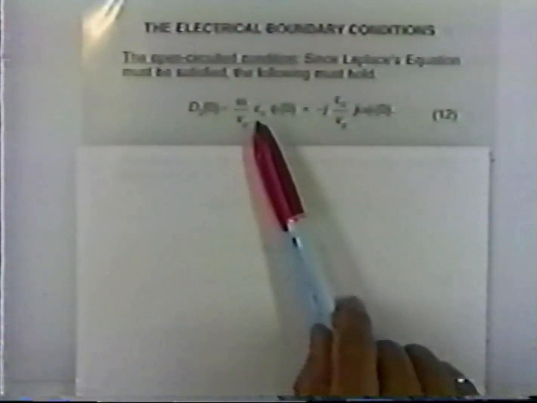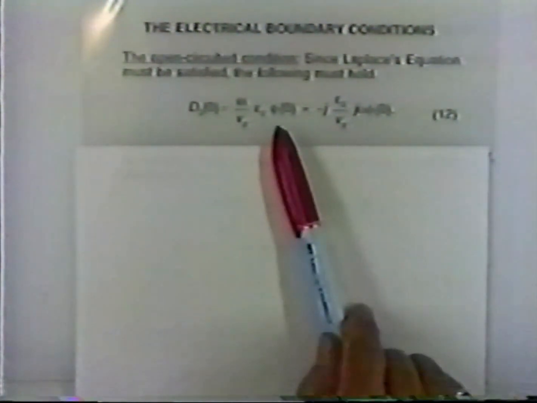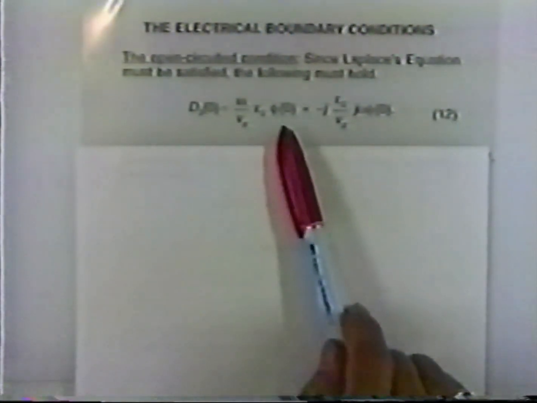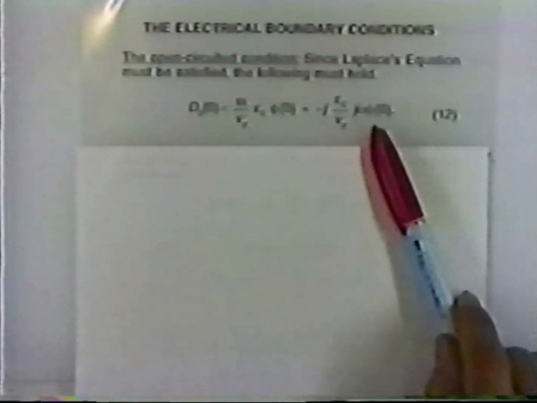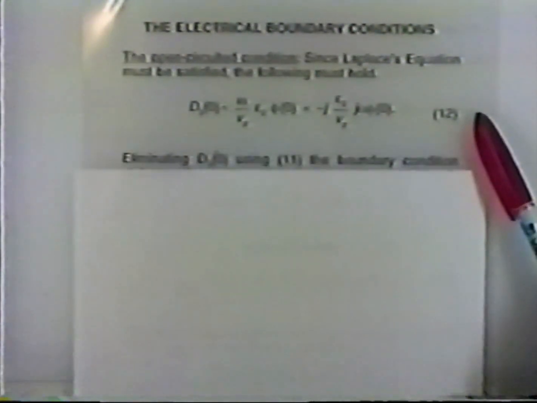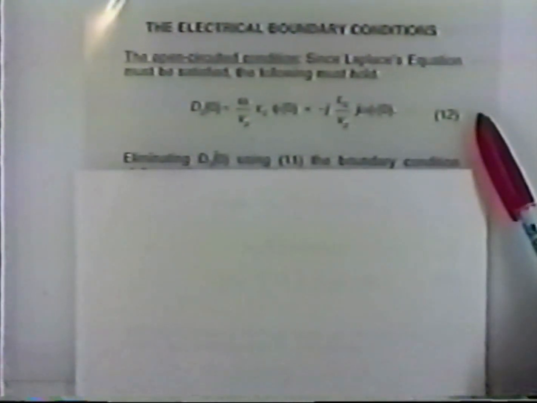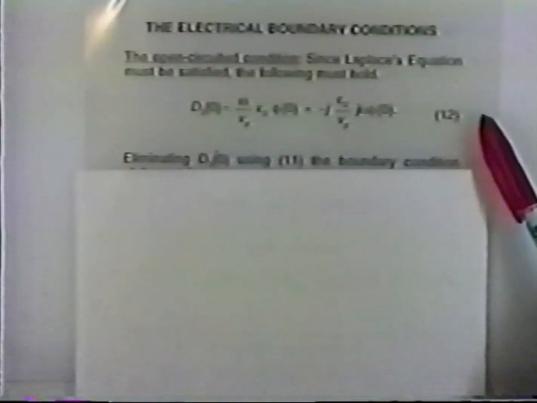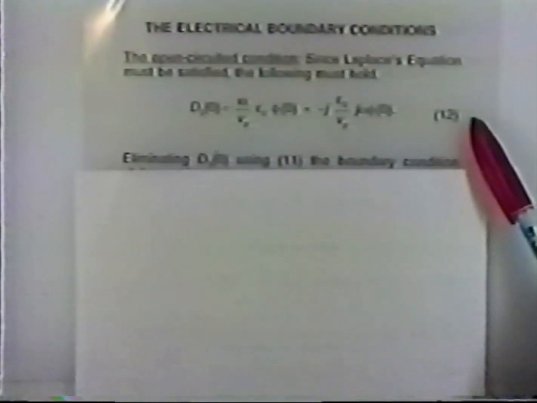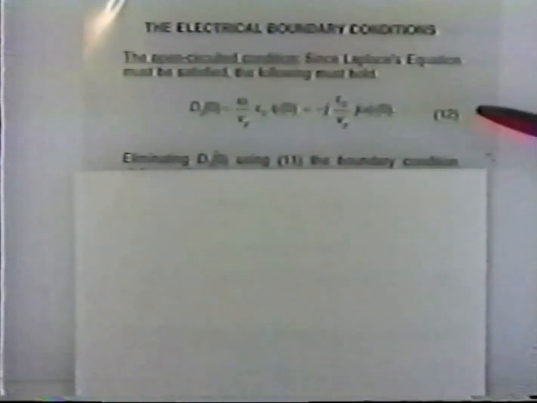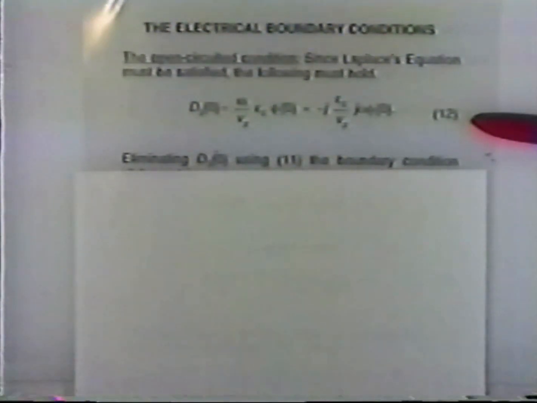We can write it this way, or since I want to use j omega phi as a variable, I've chosen to write it this way as given in equation 12. So now, when we do not have a short circuit, we have to take equation 11 and combine it with this statement in order to find out what's the right boundary condition.